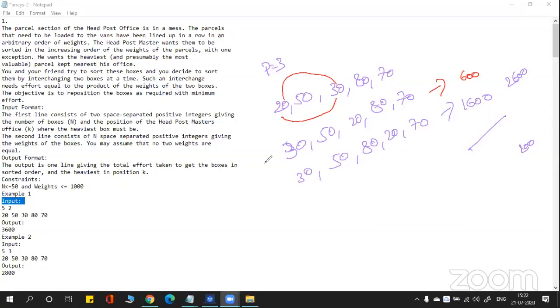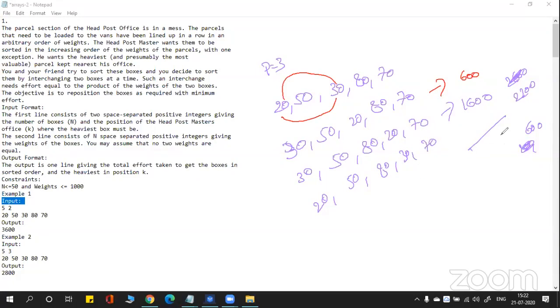20 50 30 70 is not in sorted order. Vinaya is telling the sum is 2200. Sorry, it is 2600. I should get my effort as 600. Effort 600 I will get here, if I do 20 here, 50 here, 80 here, 30 here and 70 here.